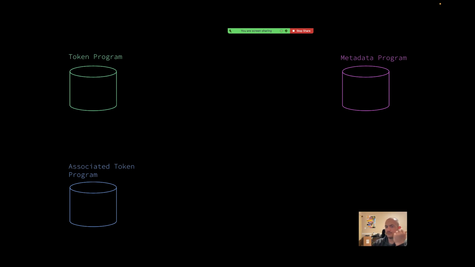Getting started, there are a number of programs on Solana that you can use to create tokens. Compare that to something like Ethereum, where to create a new token, you need to actually deploy a smart contract. That smart contract builds your token and sets up all the different features of that token.